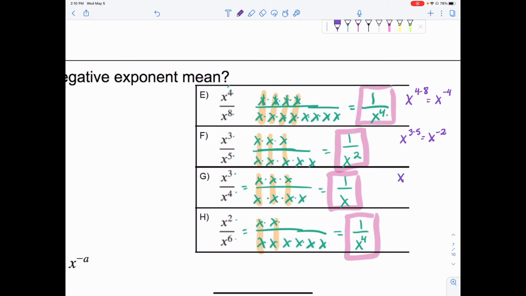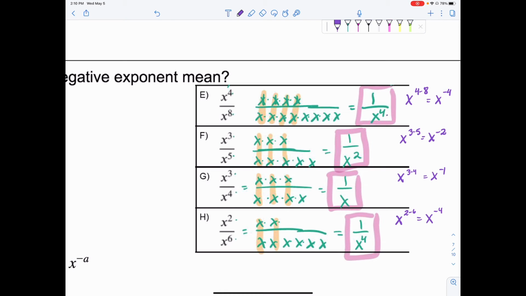For g, we would have x raised to the power of 3 minus 4, which is x to the negative 1. And for h, we would have x raised to the power of 2 minus 6, and 2 minus 6 is x to the negative 4th.